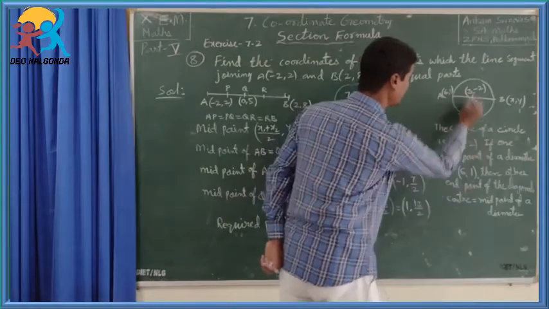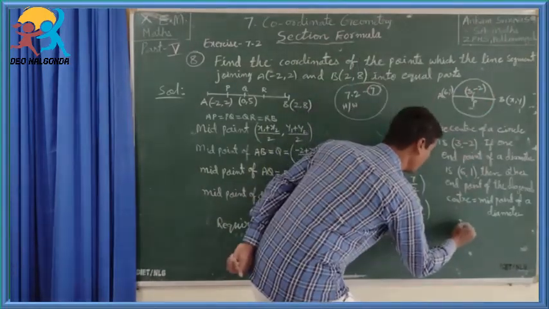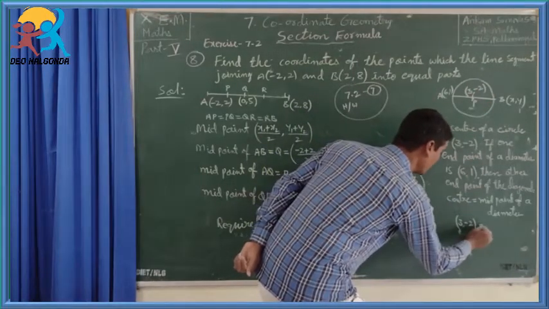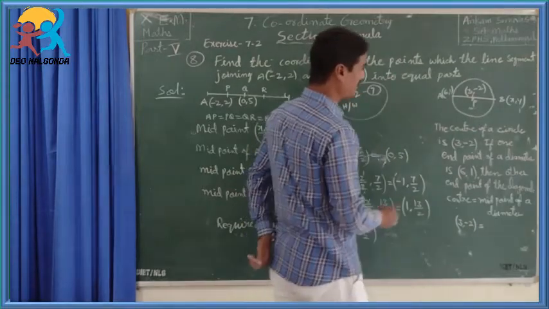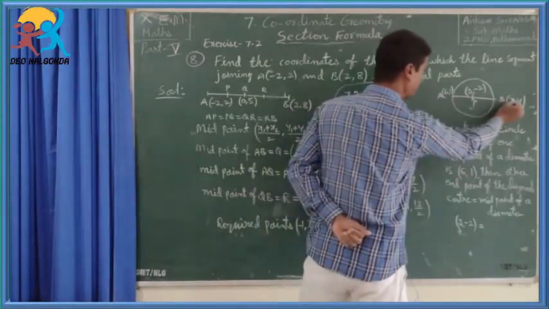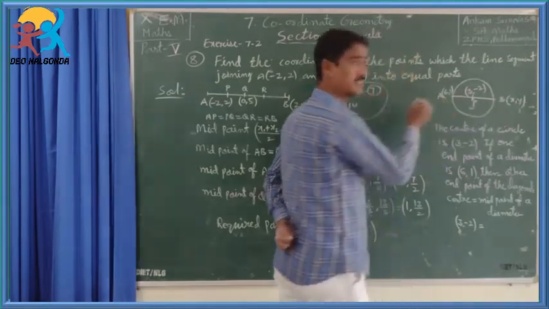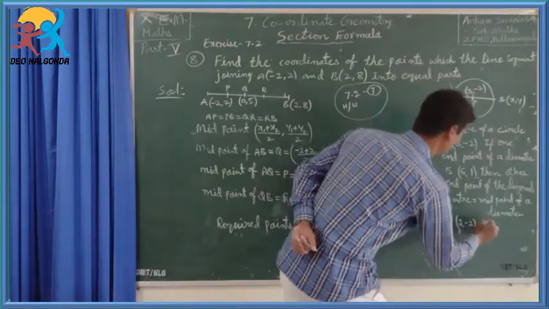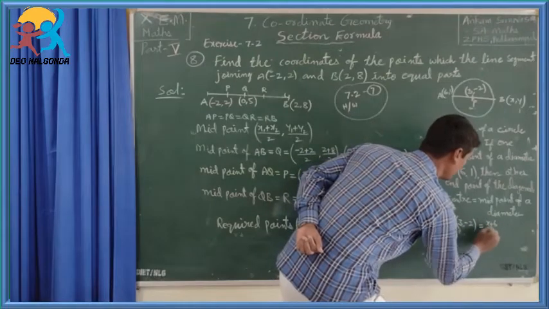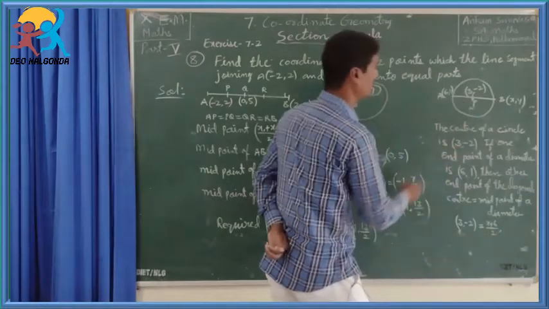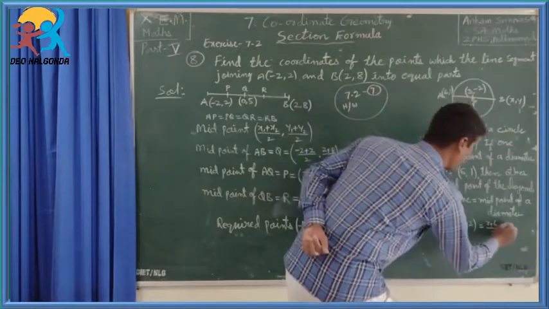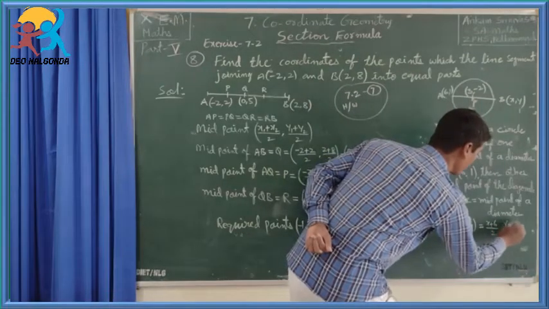So, what is the center here? (3, -2). And the midpoint of the diameter: sum of x coordinates by 2, sum of y coordinates by 2. So, (x plus 6) by 2, (y plus 1) by 2.